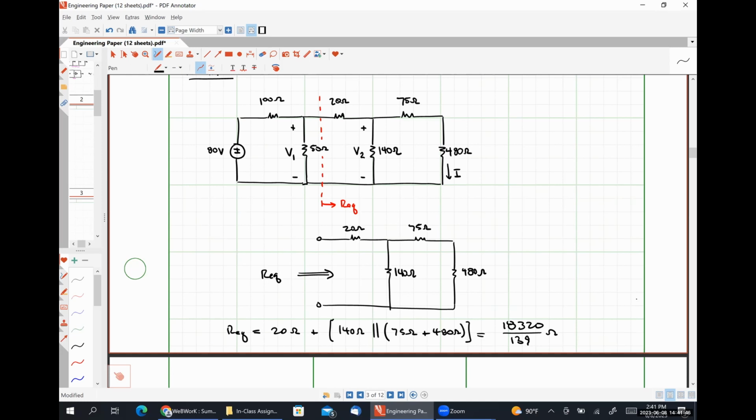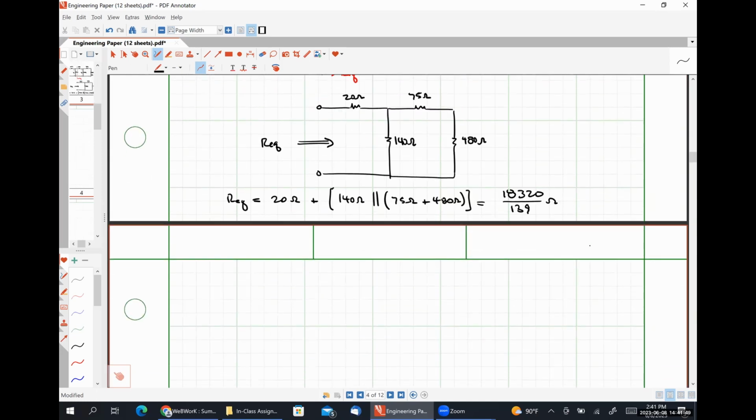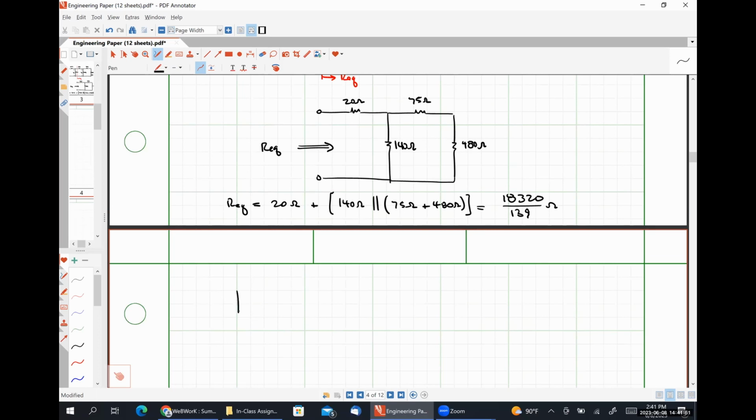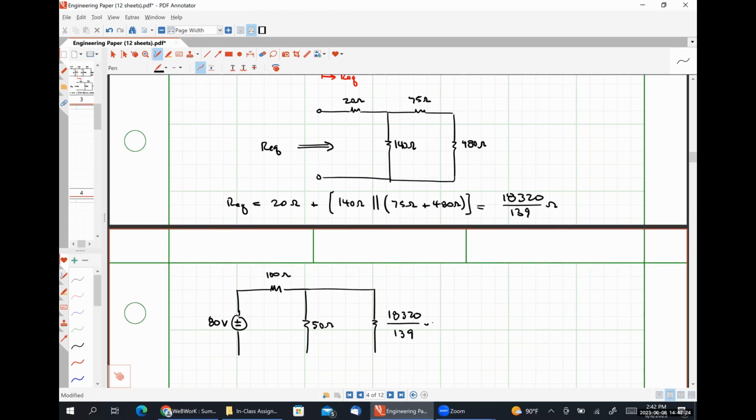Okay. So from here, I could redraw my original circuit. Sorry, this was an 80-volt source. All right, the ohm symbol should be there.